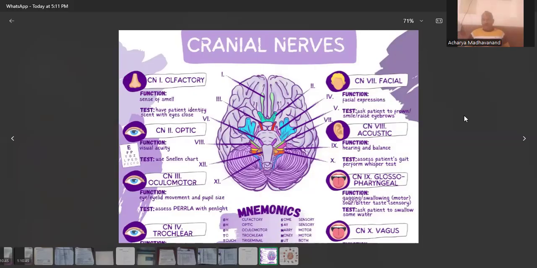Then second is the intermediate nerve with the submandibular, sublingual, lacrimal glands, taste, and the anterior two-thirds of the tongue sensory, soft palate, with this facial nerve. So I told you before also, this nerve is very important for deaf and dumb children.